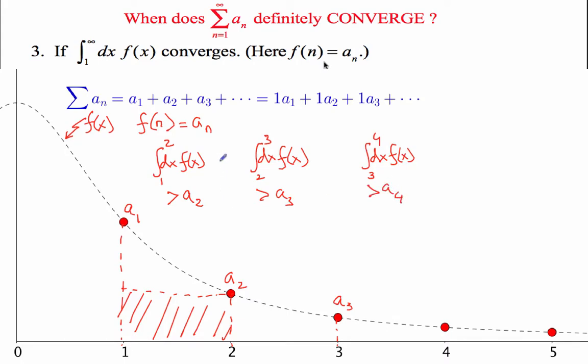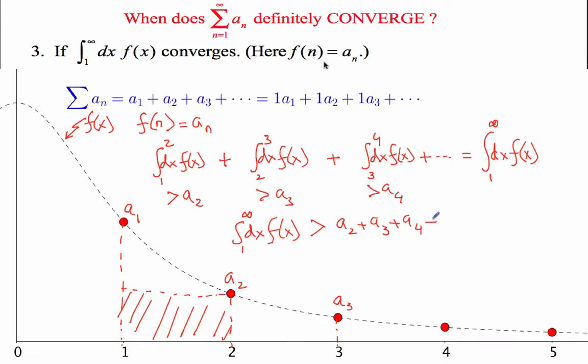Now, let me add up all of these areas from 1 to 2, then from 2 to 3, then from 3 to 4, etc. And if I keep going, then I will get the integral from 1 up till infinity of f of x. What we see now is that the integral from 1 up till infinity of f of x is definitely greater than a2 plus a3 plus a4, in fact, this infinite series here.